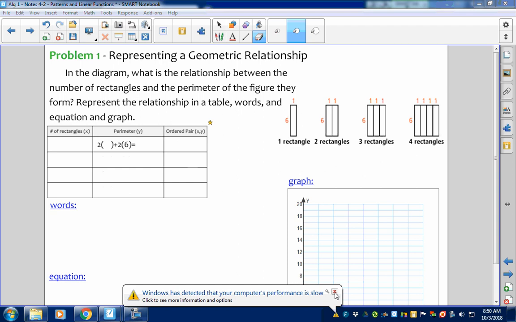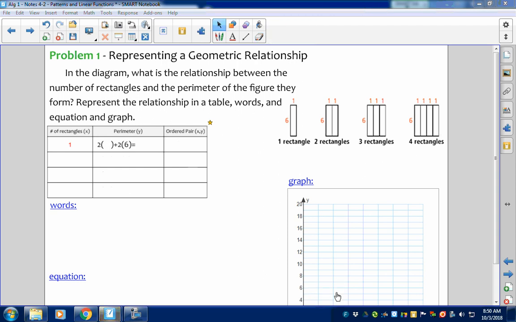We're going to look at this if we have just one rectangle here. So say we have one rectangle. The question is, what's the perimeter if we have this one rectangle here? Well, we're going to plug in 1 right here because we have 2 widths of 1, and then we have 2 lengths of 6, which gives us a total perimeter of 2 plus 12, or 14.